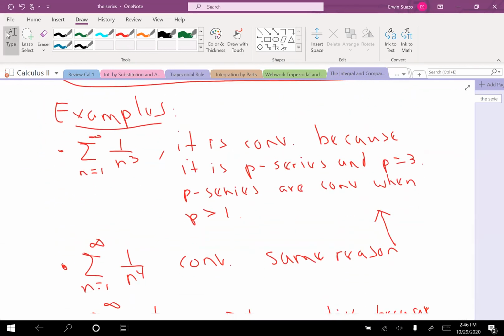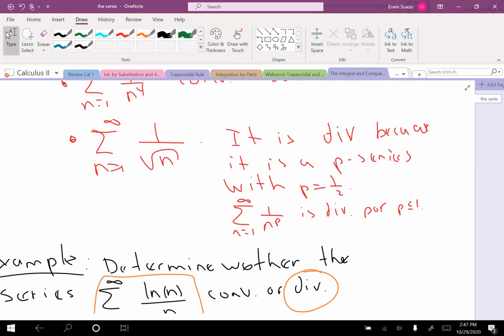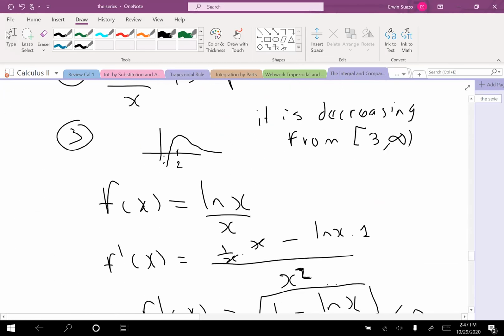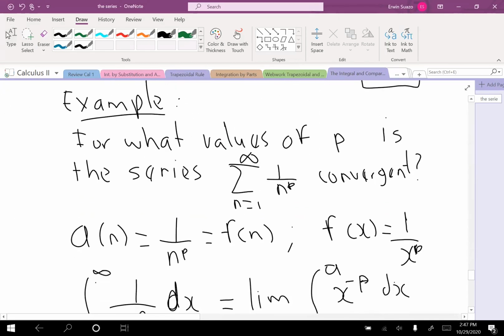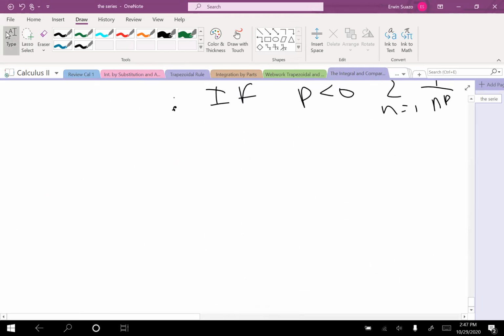Last time I told you that the sum of 1 over n cubed is convergent, the sum of 1 over n to the 4 is convergent, and the sum of 1 over square root of n is divergent, and you just say it's because it's a p-series. Okay, guys, we finished something really important today. Now life is going to be a lot easier for us since we have these important integrals.